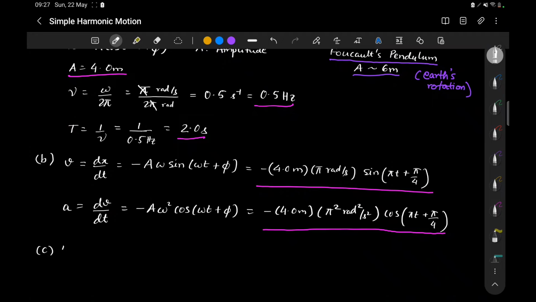Part B says that t is equal to 1.0 second and we need to find the position, velocity and acceleration. So position at t equal to 1 second is, t is equal to 1, so pi into 1 plus pi by 4.